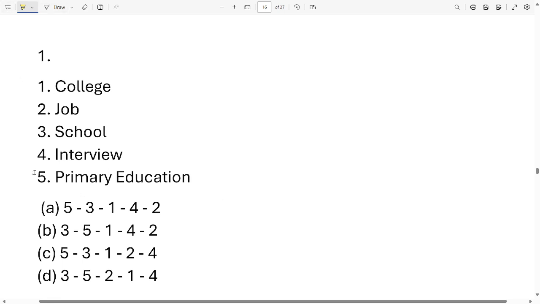First is primary education. Then you have school. After school it will be college, and after college it will be interview. And then it will be a job.